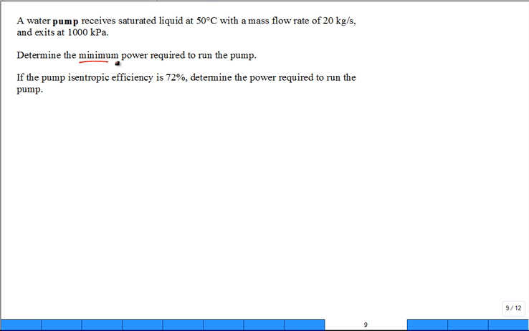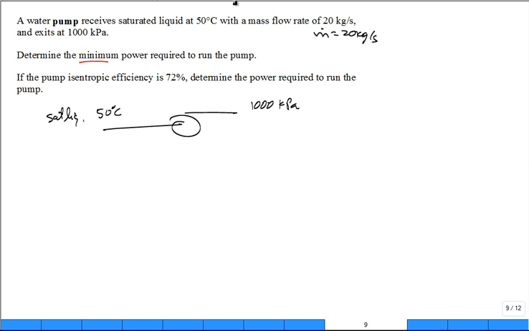So what you have is the pump comes in at 50 degrees C and it's saturated liquid, and it goes out at 1,000 kPa, and the mass flow rate m dot is equal to 20 kilograms per second.